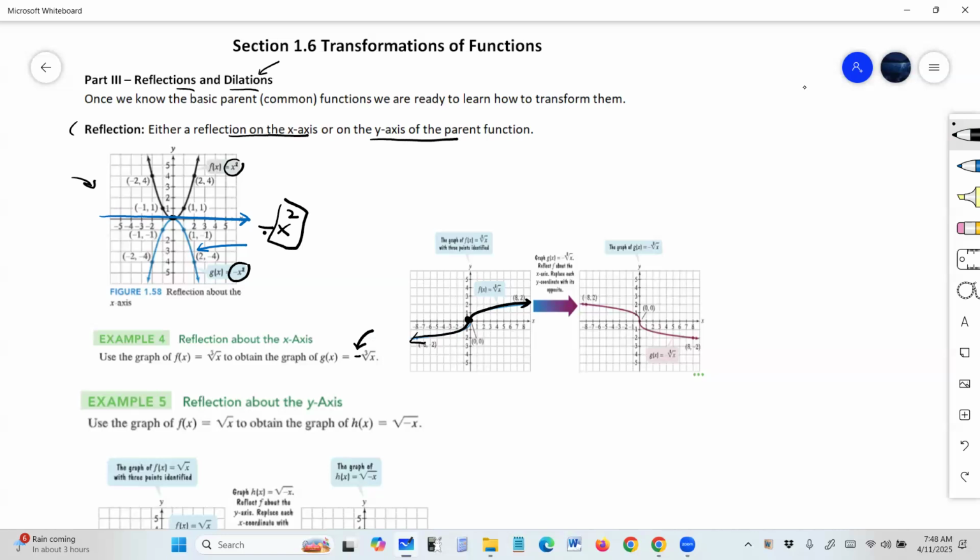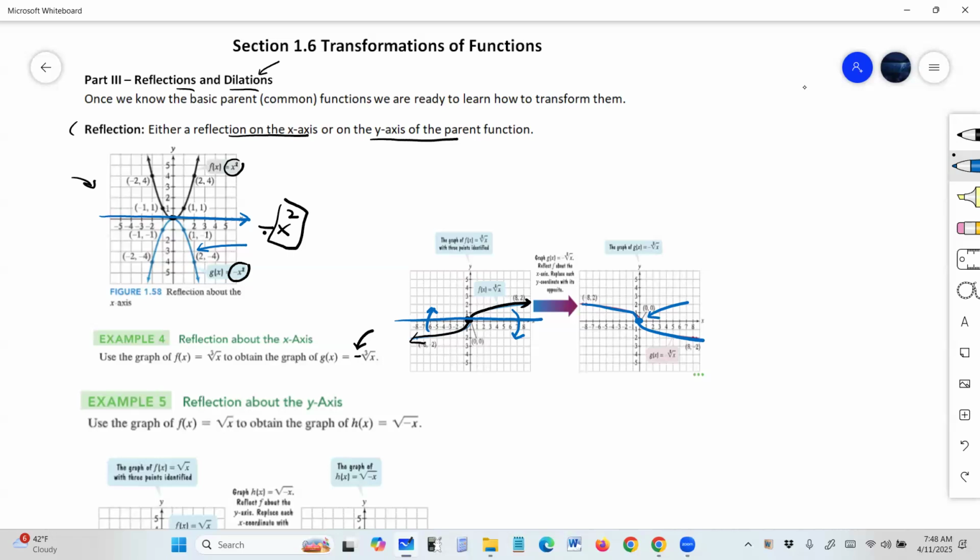So it's like you have a mirror again here. This piece will go down, this piece gets reflected up. So we end up with this function right here. Notice that the reflection, the centerpiece where you're holding your function, didn't move in this particular case.